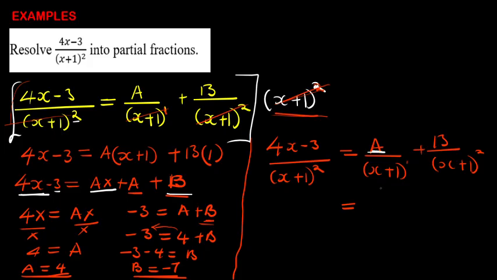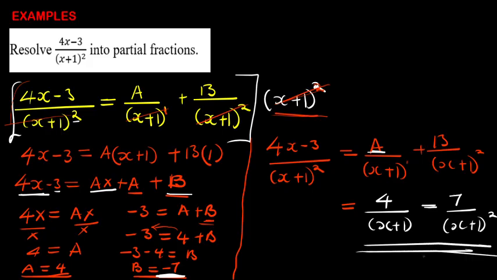So in here, there's 4 over x plus 1. Then minus. Why am I saying minus? Because my b is negative. So I'll say minus 7 over (x plus 1) to the power 2. So that is the partial fraction which you have been given. So that is how you answer that question.